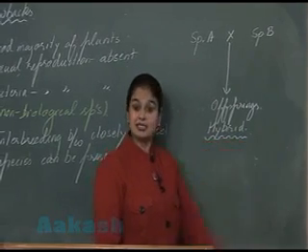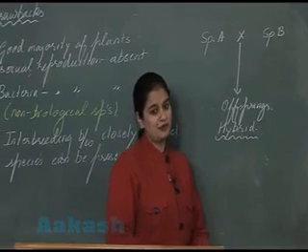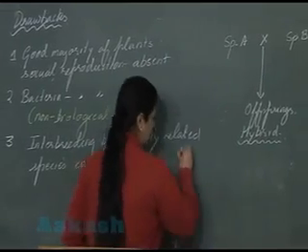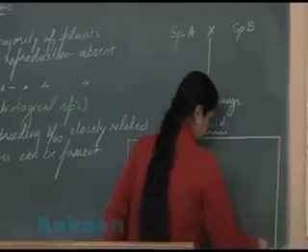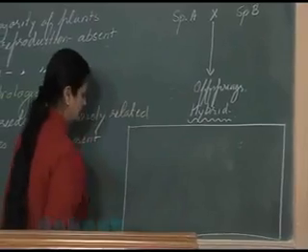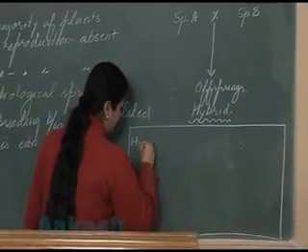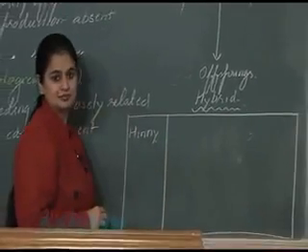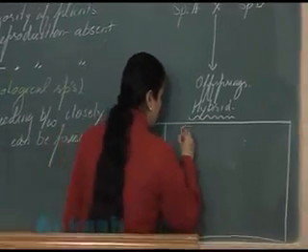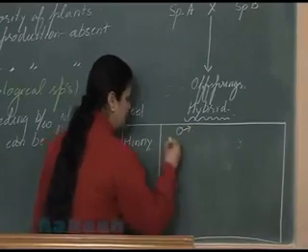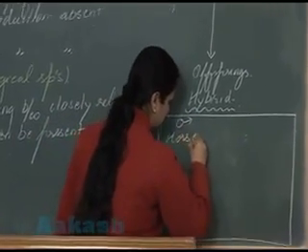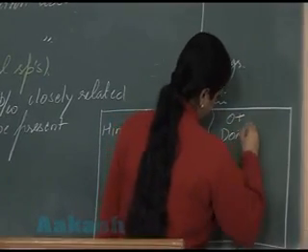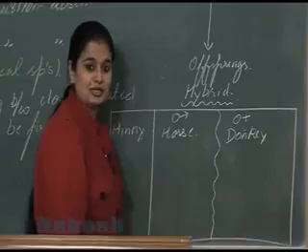So let's cite certain examples for the hybrids which are formed through this type of interbreeding. One example of a hybrid is the hinny. Hinny is formed by interbreeding between a male horse and a female donkey.